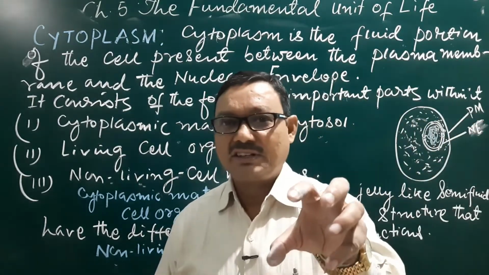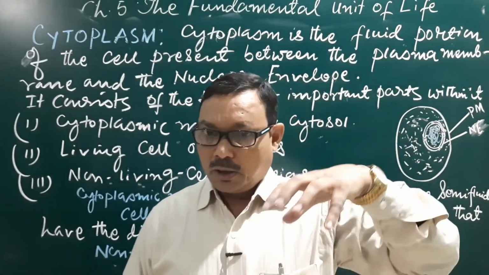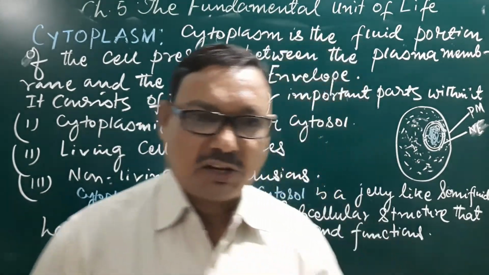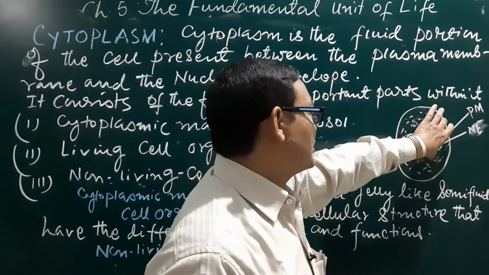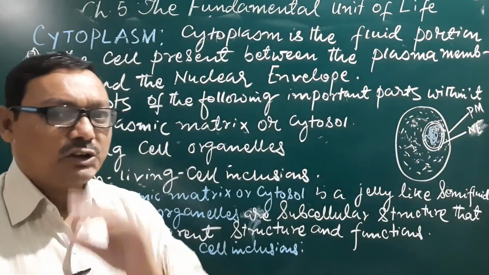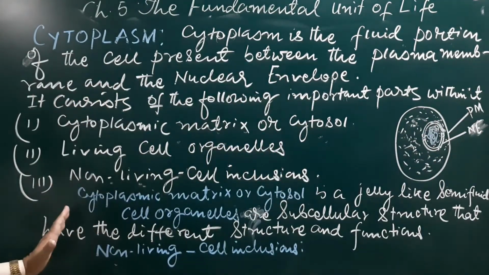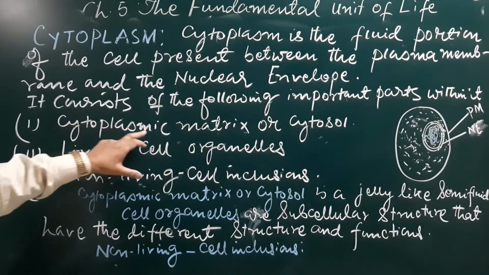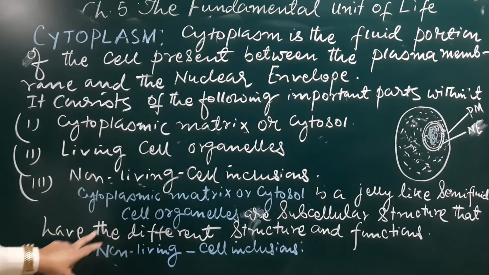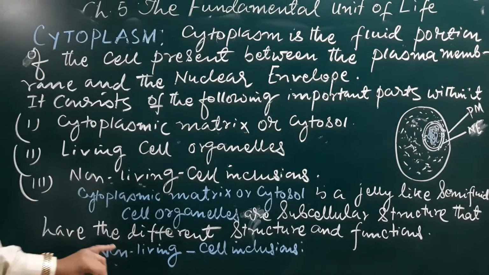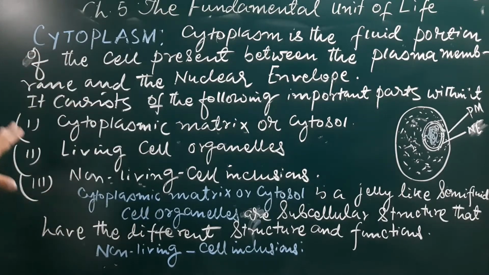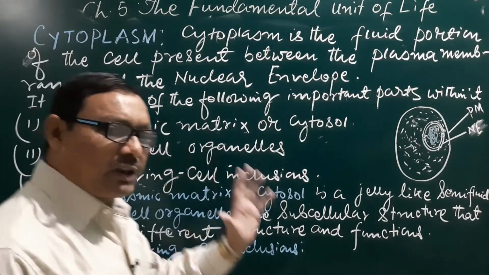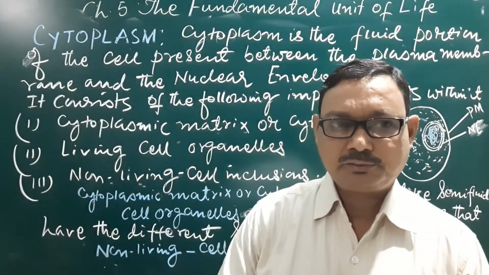All the metabolic activities will be operated with the help of this nucleus, and there is also the presence of the genetic material within this nucleus. So here you have seen first the cytoplasmic matrix, second the cell organelles, and third the non-living inclusions. This is the summary of the structure of the cytoplasm.